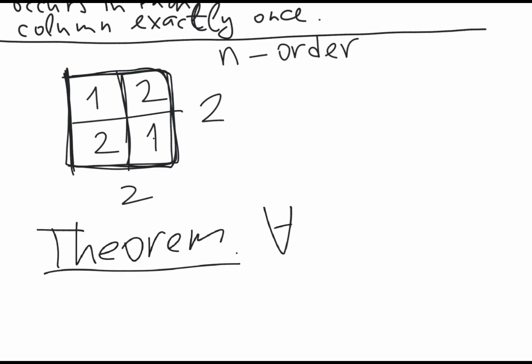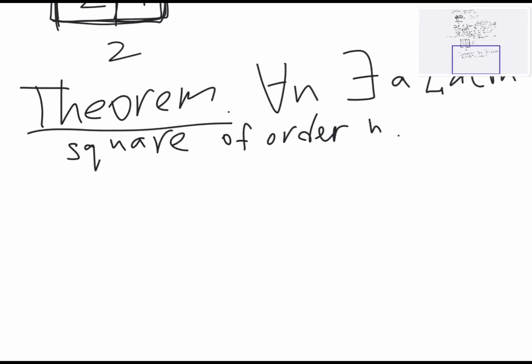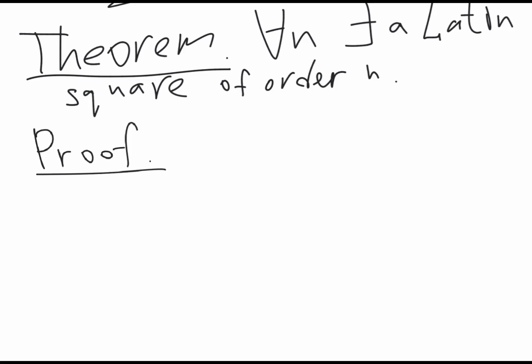So for any order n, there exists a Latin square of order n. Let's consider now the proof of this theorem. The proof would be by a direct construction.